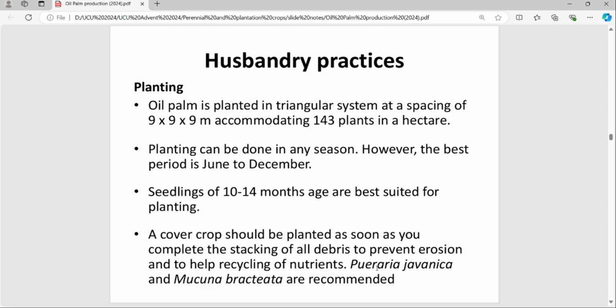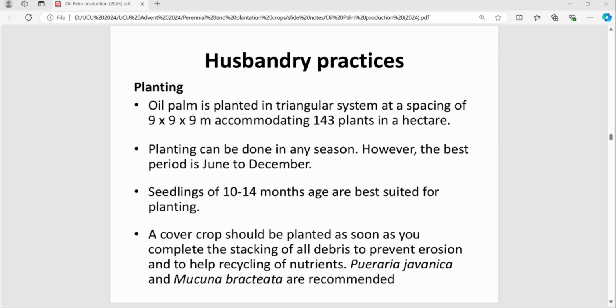So for planting, oil palm is planted in a triangular system at a spacing of 9 by 9 by 9 meters, which would enable one to accommodate about 143 plants per hectare.